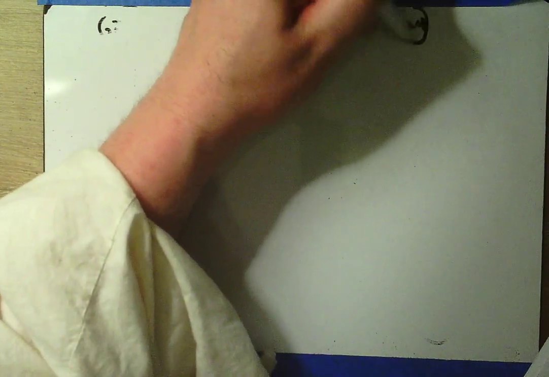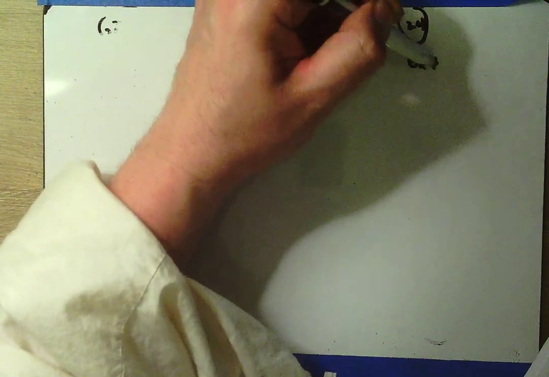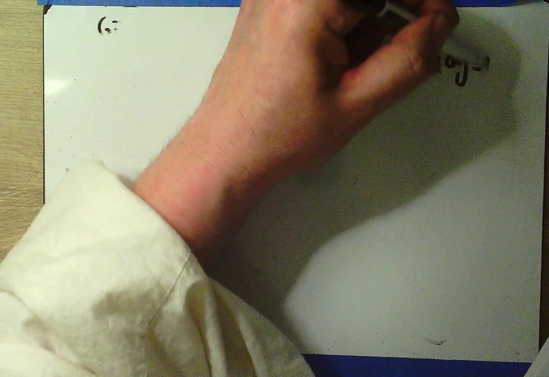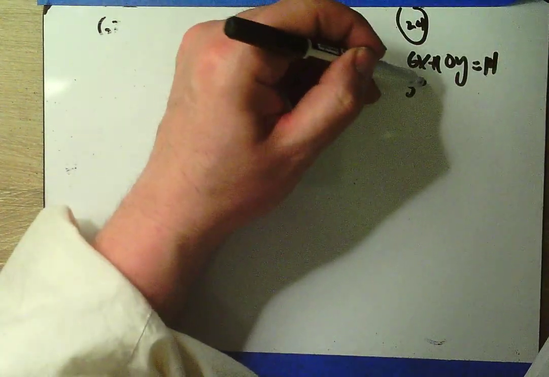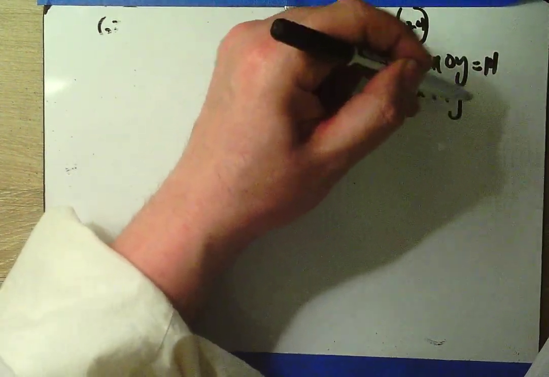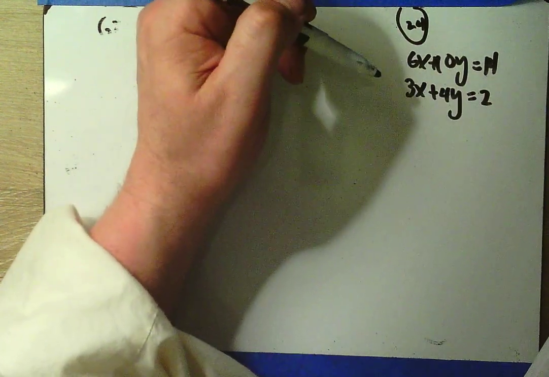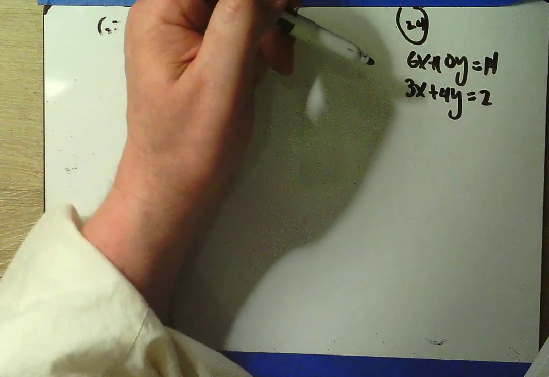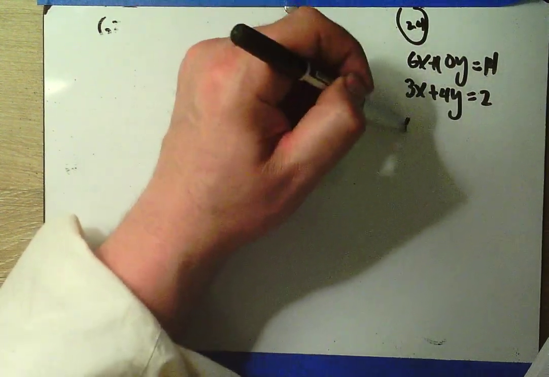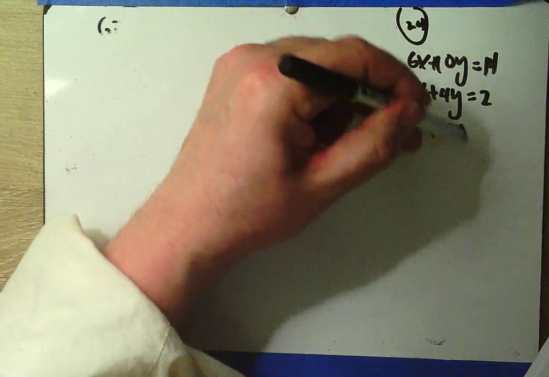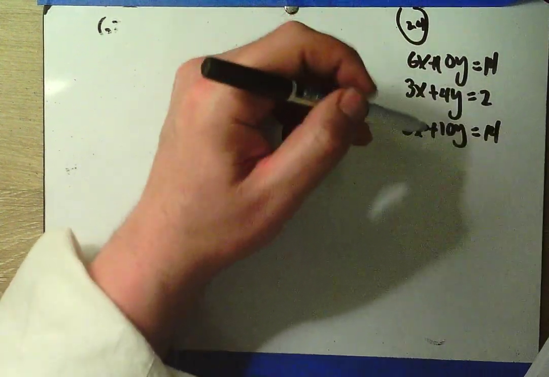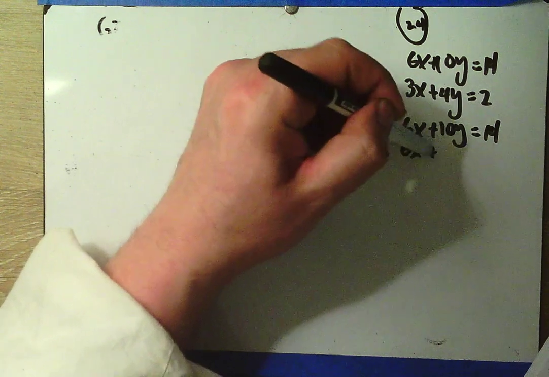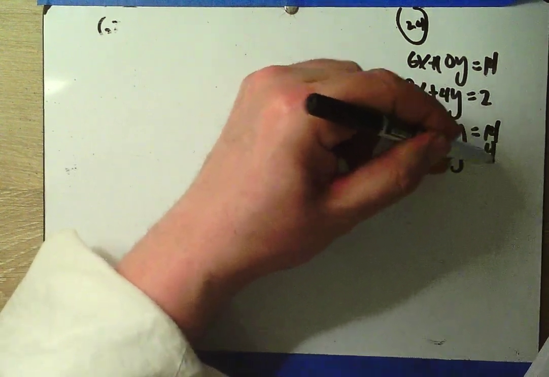24. 24 says 6x plus 10y equals 14, and 3x plus 4y equals 2. Well, if I double this row, I'll get 6x plus 10y equals 14, and 6x plus 8y equals 4.